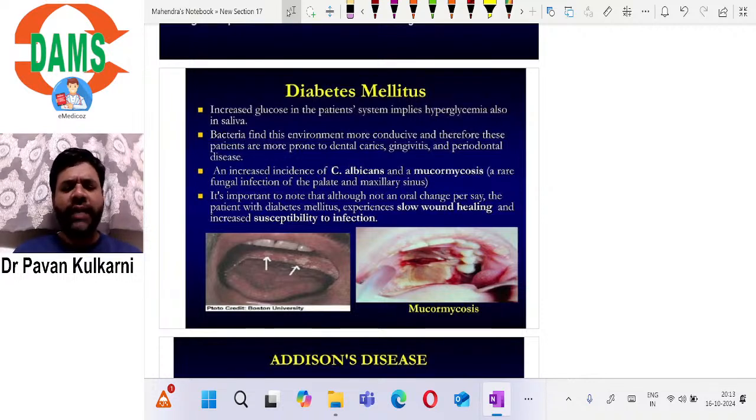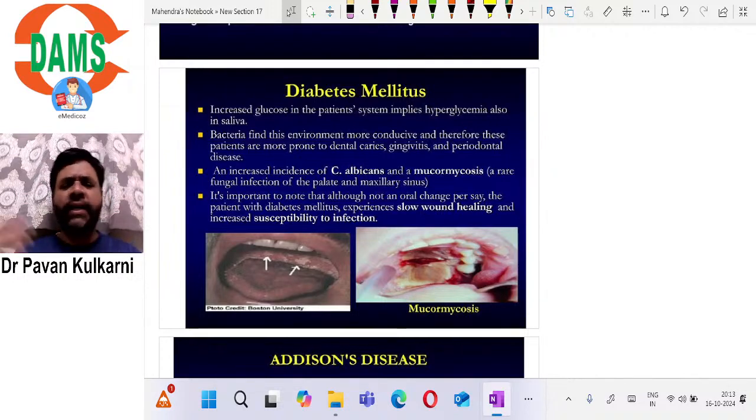In the first image, you can see candidiasis, that is white patches, due to Candida albicans. You will also see one more fungal infection, mucormycosis, typically affecting the palate and the nasal region in uncontrolled diabetes mellitus patients.